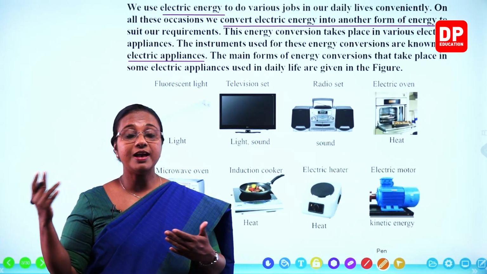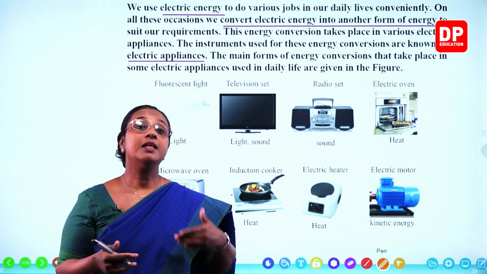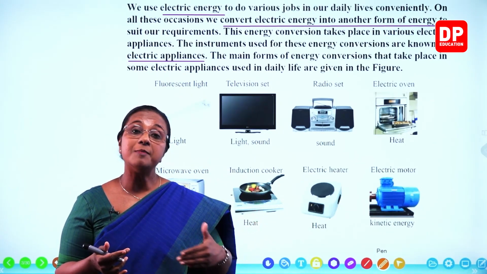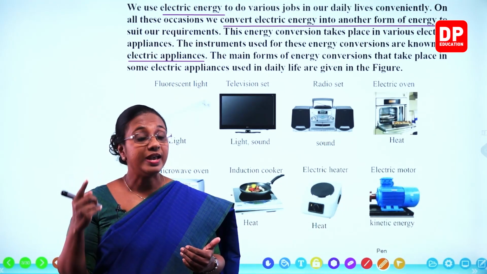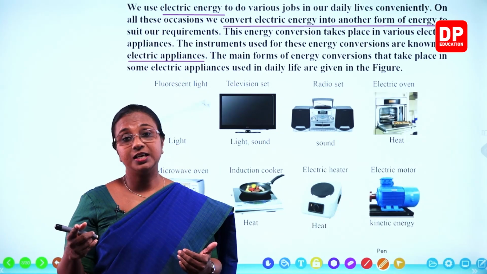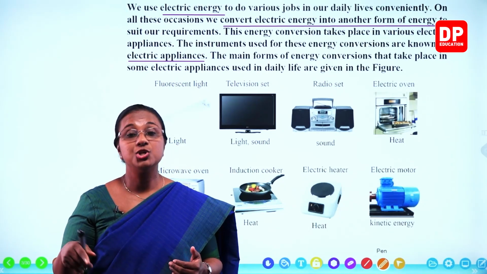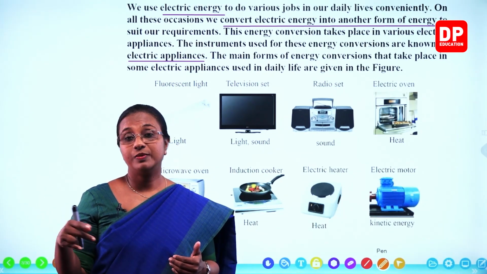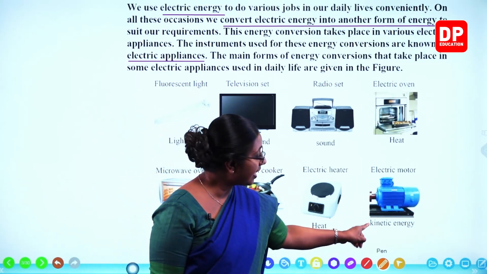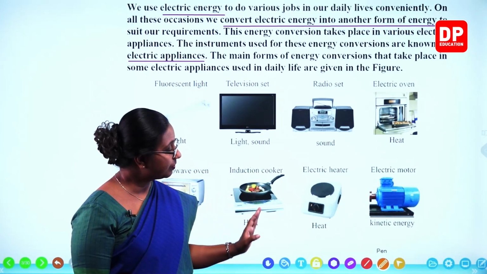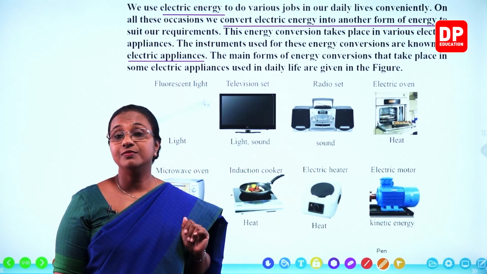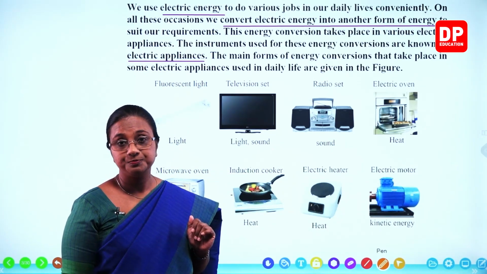It can be a ceiling fan, table fan, doesn't matter. An electric motor is also used to pump water, in water pumps. So when you see a motor working, you all know it rotates. So when there is an object moving, the energy is kinetic energy. So in an electric motor, electricity is converted to kinetic energy.